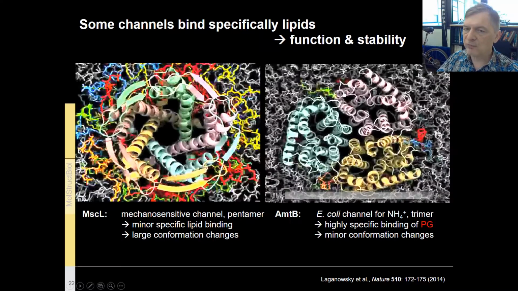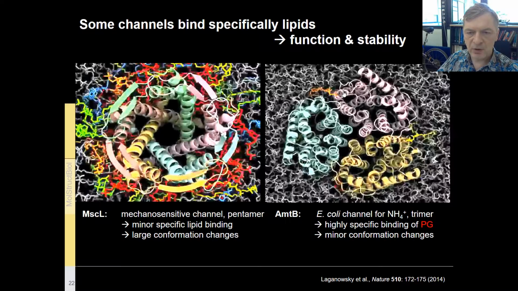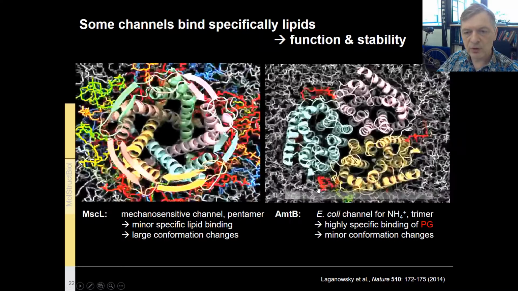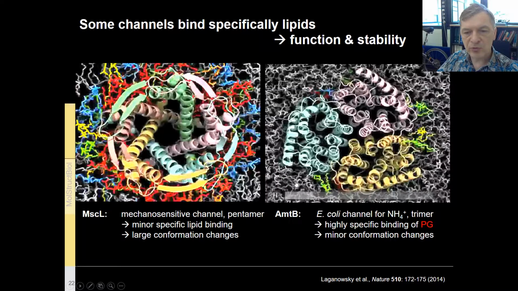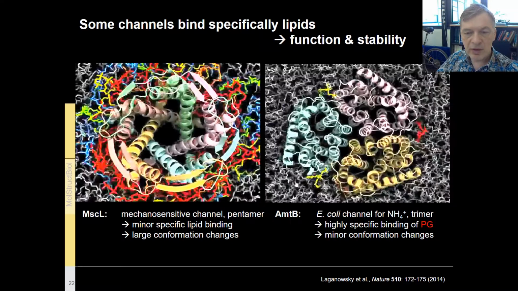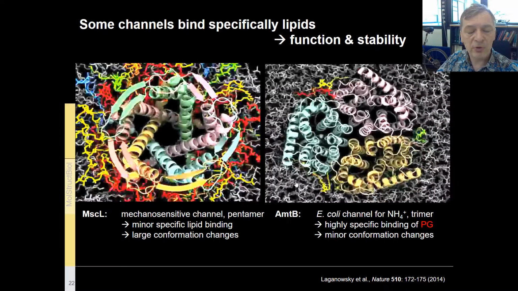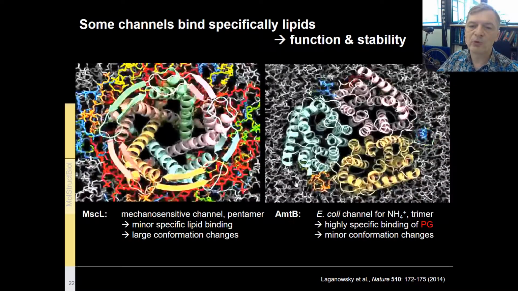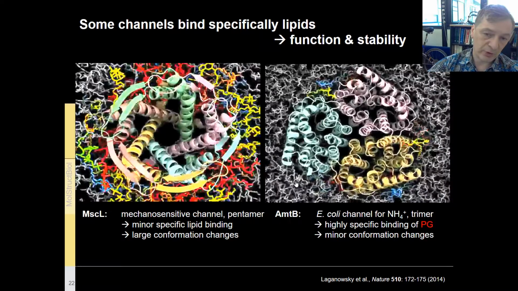It is very often found that some lipids contribute to the stability of a membrane protein and sometimes also to its function. An extreme example is our mitochondria. Our mitochondria have an inner membrane with a respiratory chain, and there the lipid cardiolipin, which is unusual and found only, or almost only, in the inner membrane of mitochondria, is very often associated with these very large machineries which build up the respiratory chain.